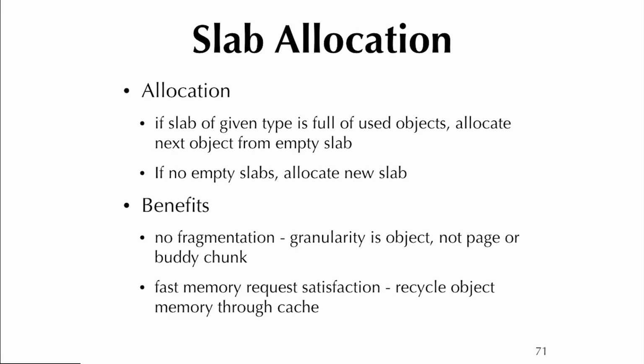And that way, it's minimal fragmentation. Not like buddy chunks, which are forced to be powers of 2, where the fragmentation could be severe. And this fast memory request satisfaction, yeah, that is definitely very fast. Recycle object memory through the cache. Okay.